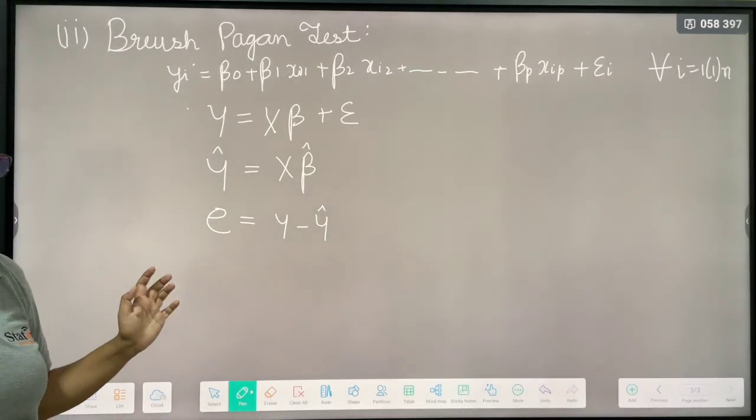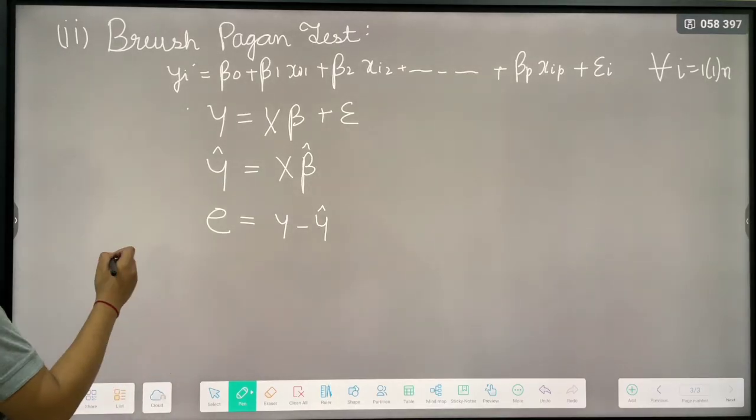Firstly, we have to do all these steps, and afterwards we will move on.